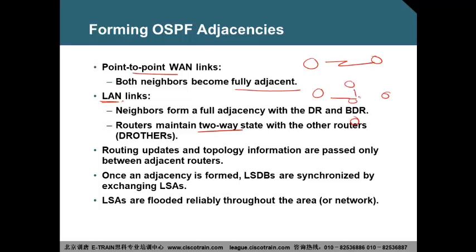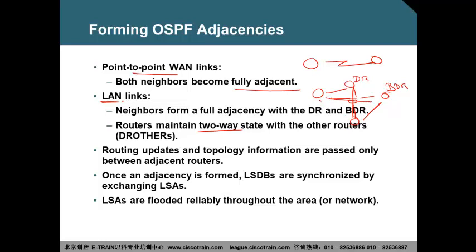When you have many routers, one router will be elected as the designated router, and another router will be elected as the backup designated router. Only with these routers will everyone form a full relationship, full neighbor.